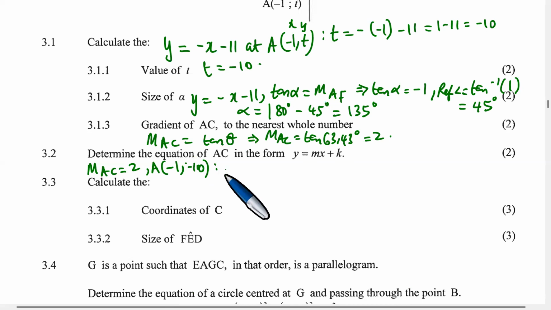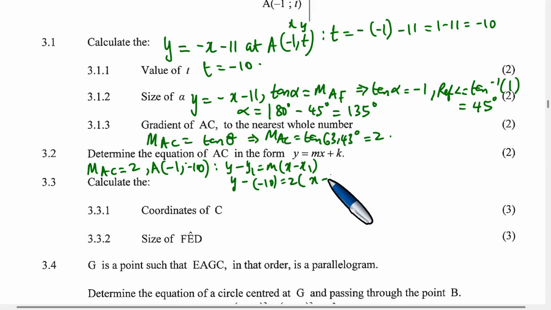And what is this? This is y minus y1 equals m into x minus x1. So you have y minus, what is y1? It's -10, into the m is 2, x minus x1 is -1. So which means that you have the following. This implies that y is equal to 2x, negative by negative is plus, 2 by x is 2x plus 2, okay?